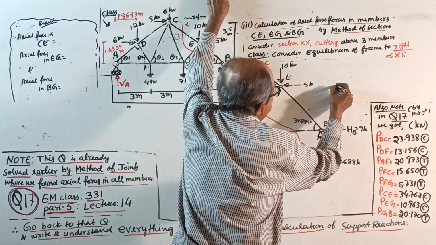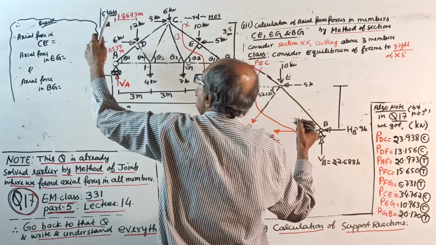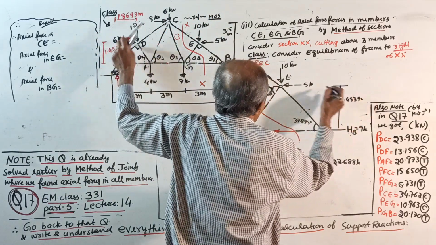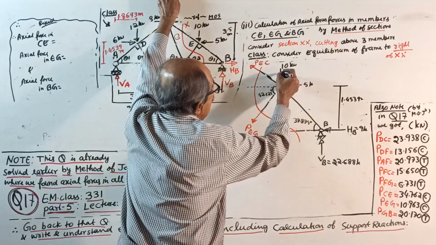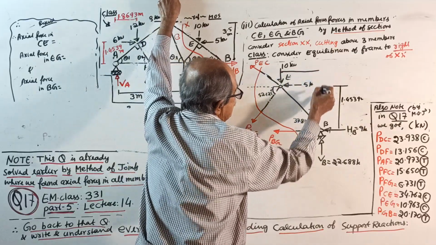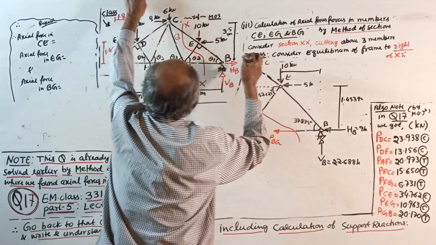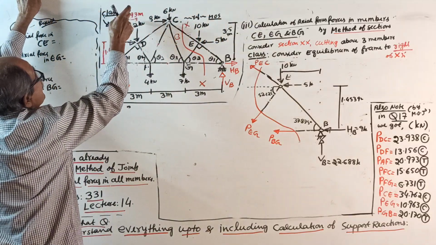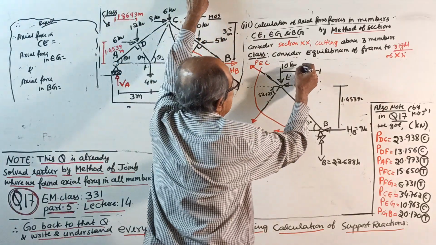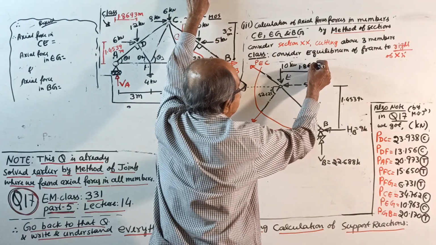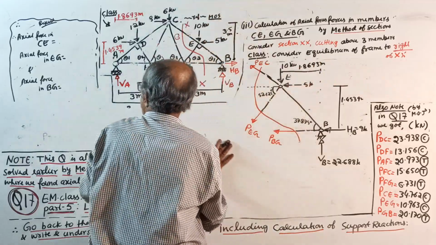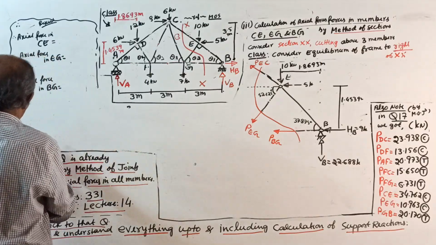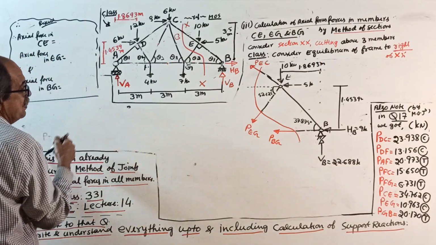This height is known to you, 1.4539 meter, and this 10 kilonewton load distance from this end is the same as this distance, 1.8693 meter. Okay. Now full space is there for me. See, start here.